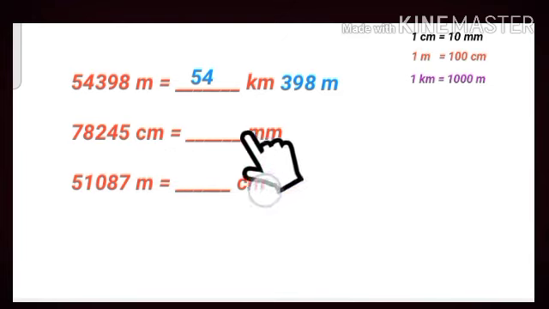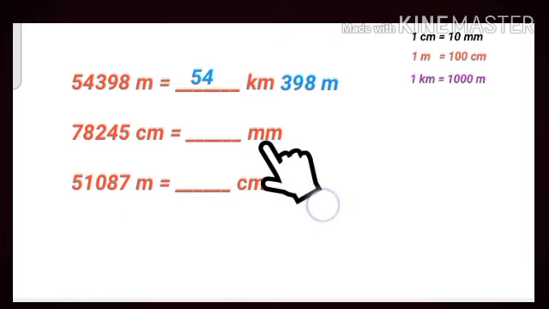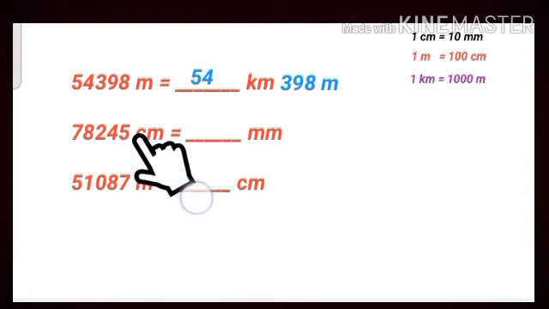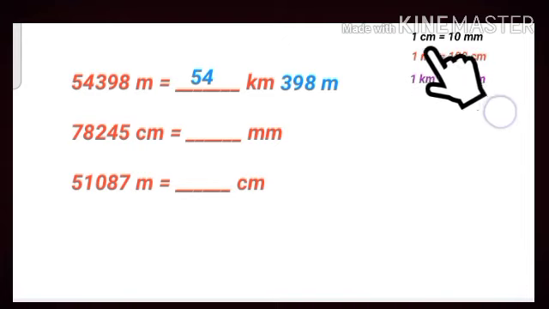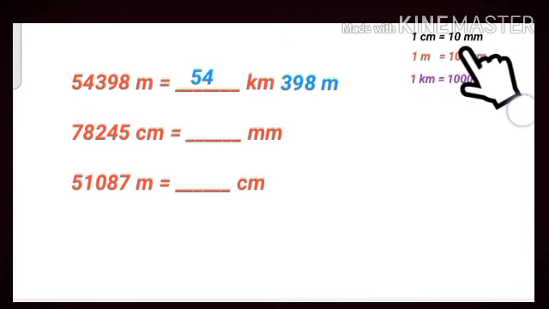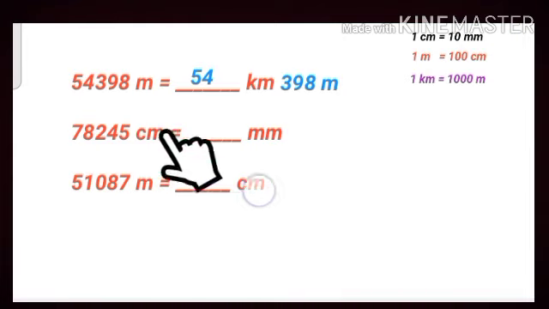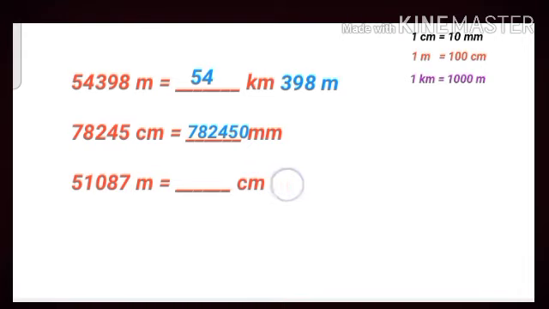Big to small, full chalk piece to pieces, that is easy. So that means multiplication. By which number do we multiply? You can just relate the relation: 1 centimeter equal to 10 millimeter. So you have to multiply with 10. So this is the answer.